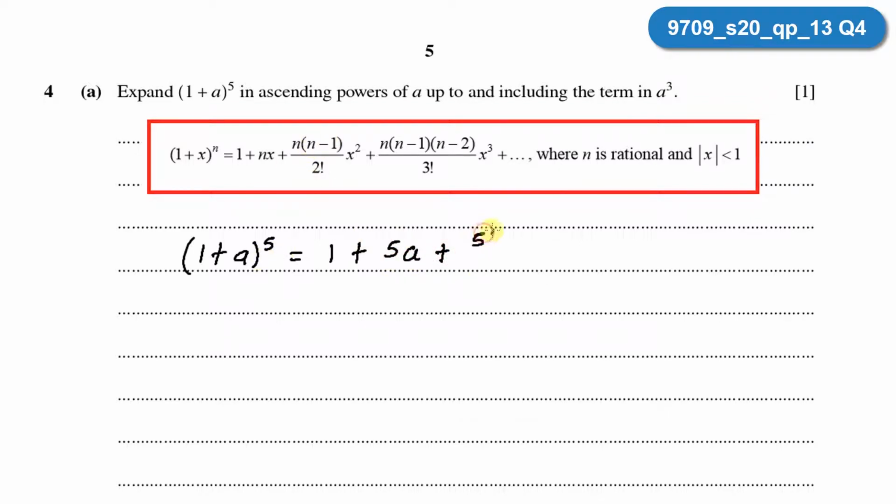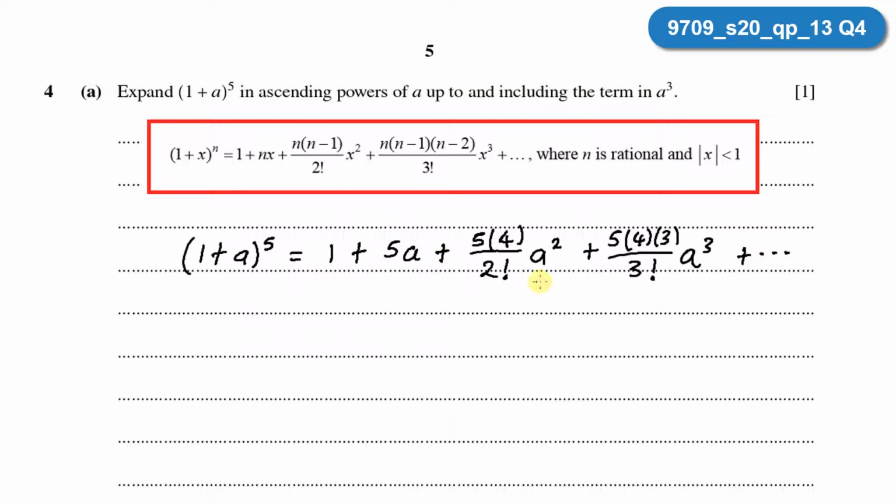So that would be 5, 4 over 2 factorial of a squared. That's x squared. Then that's plus n of n minus 1 of n minus 2. So that's 5, 4, 3 over 3 factorial of x cubed. In this case, x is a, so that will be a cubed.